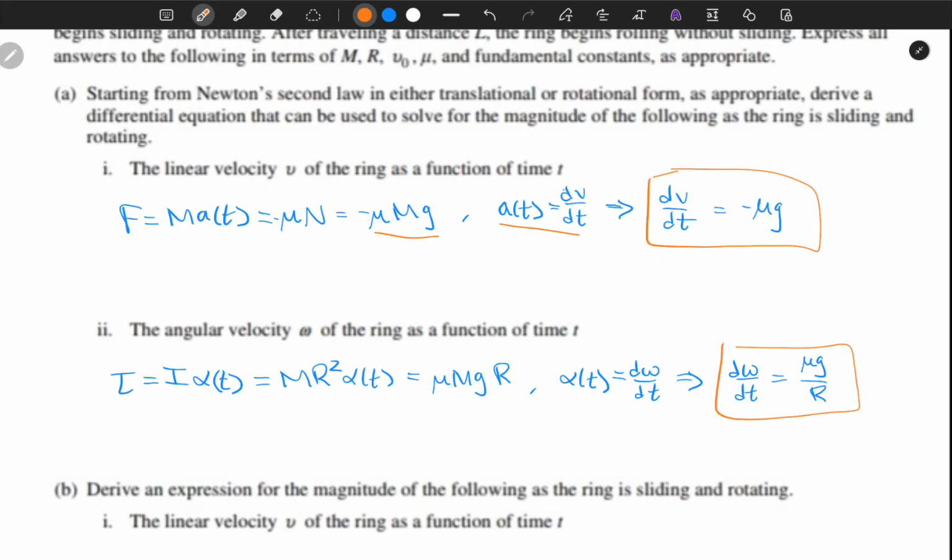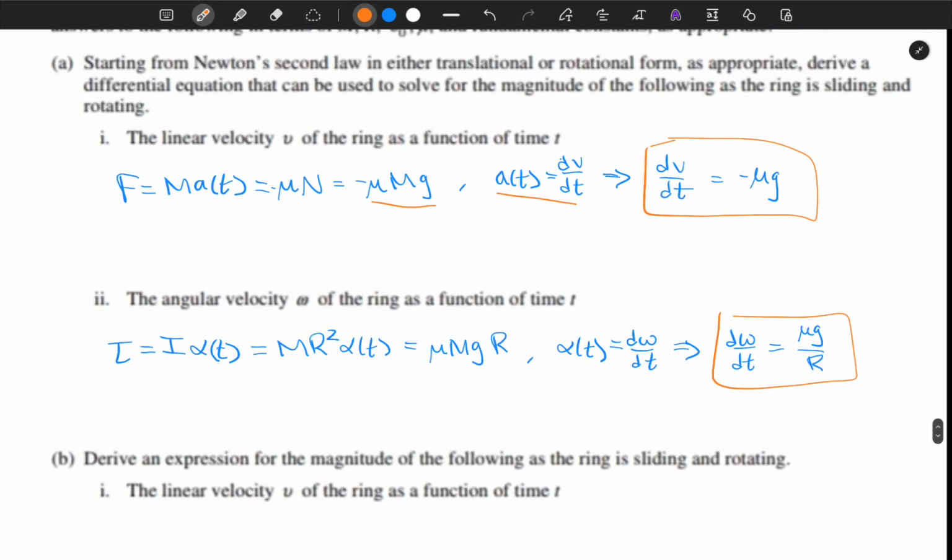For part 2, students get 1 point for noting the following equalities. They get 1 point for knowing the rotational analog of a force, that is just multiplying it by the radius in question. And the student should get 1 point for knowing that this equality holds.